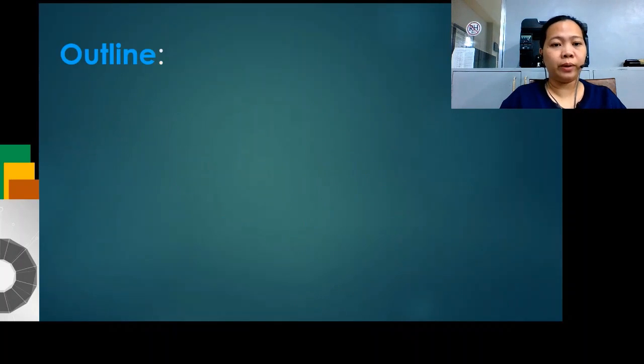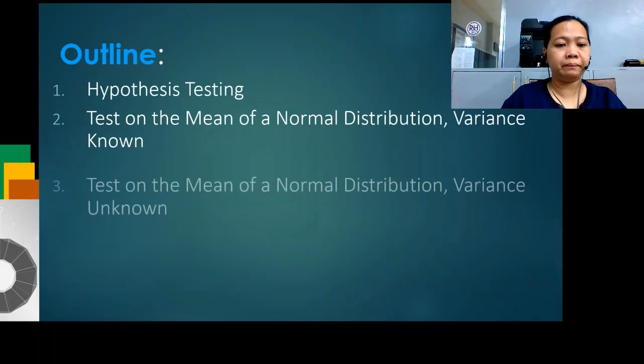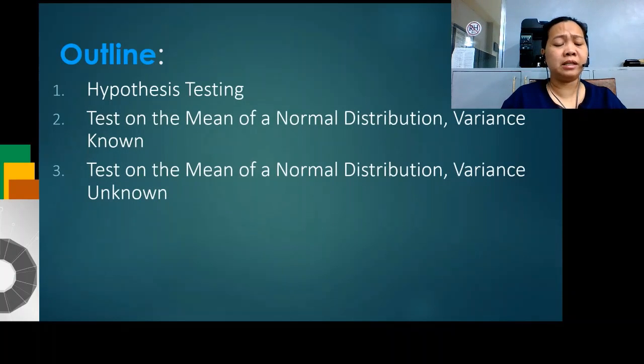So to start with, the outline of my discussion will be, first we will discuss hypothesis testing and its definition, the null hypothesis and alternative hypothesis, and how to formulate one. Second, we will be tackling the test on the mean of the normal distribution with variance unknown.